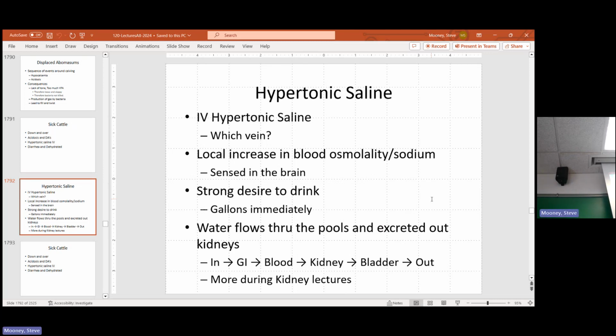If we were counting on her, if we've got toxic mastitis, for her to drink, she's not going to do it. She doesn't want to. I don't feel good. I don't feel like drinking. But the sooner we can get those toxic compounds out, the better she's going to feel.